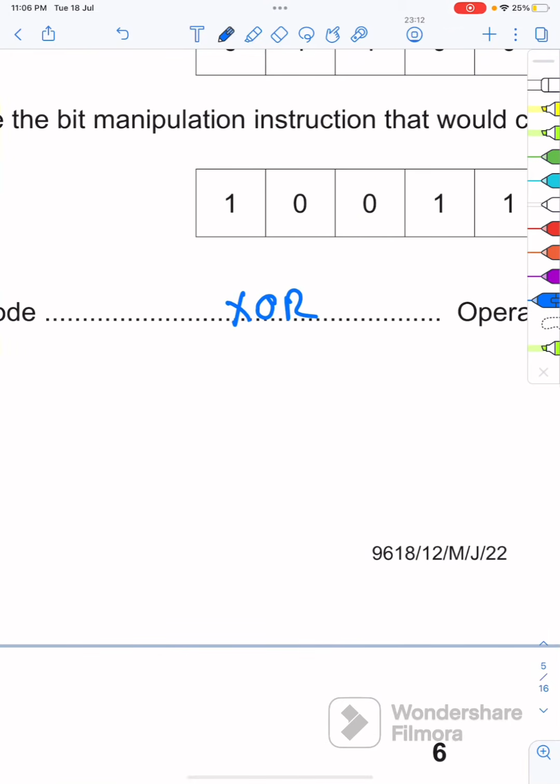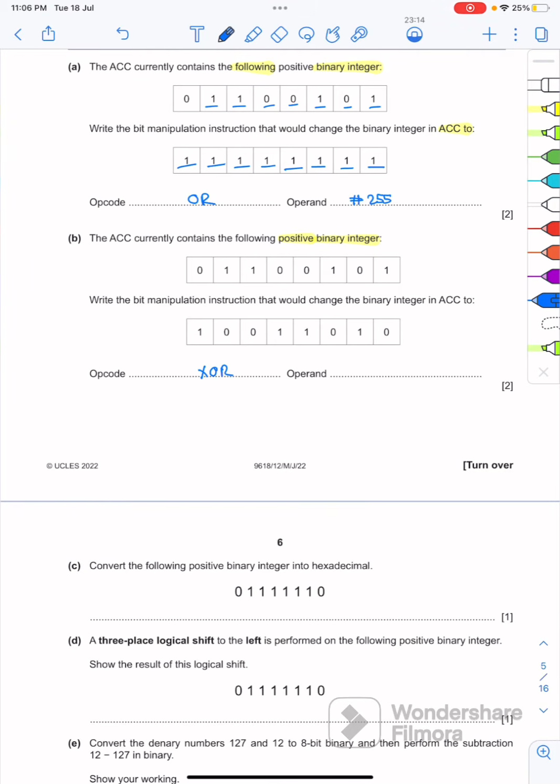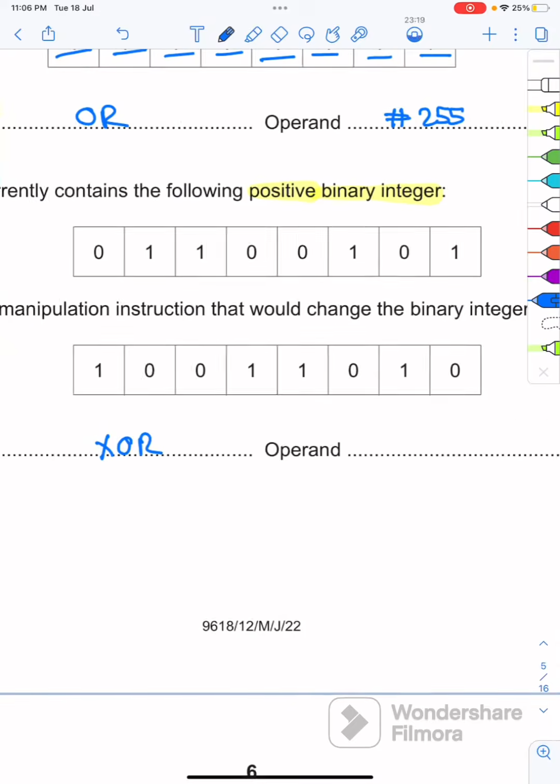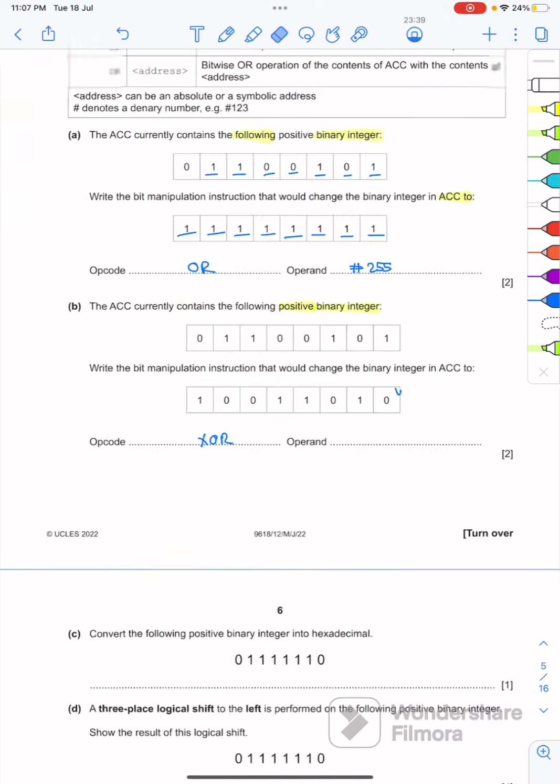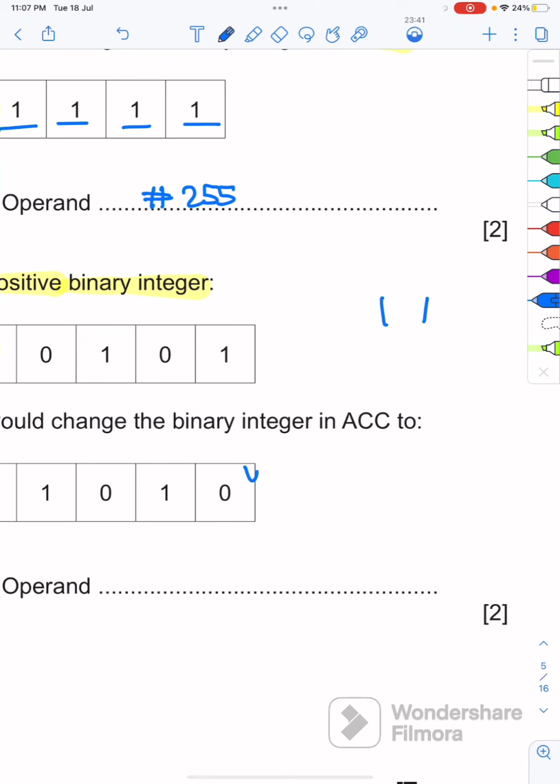But what will be the operand for this? Now that's interesting. What we're seeing is we're going from 1s to 0s, and from 0s to 1s, right? So when we've got a 0, if we have a 1 with it, it's going to become 1. But if we've got 1, we need it to become 0. Now, as you know, the premise of a XOR gate is that if you've got 1 and 1, it'll become 0.